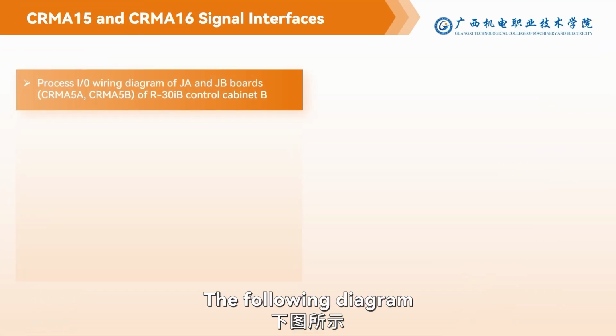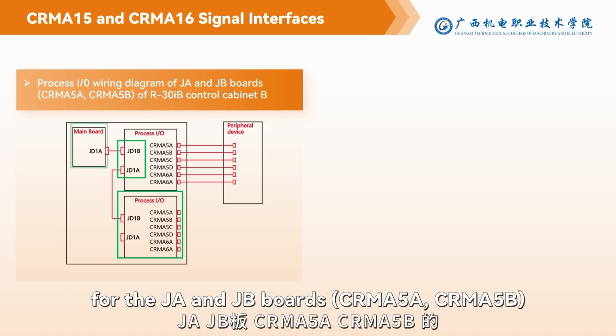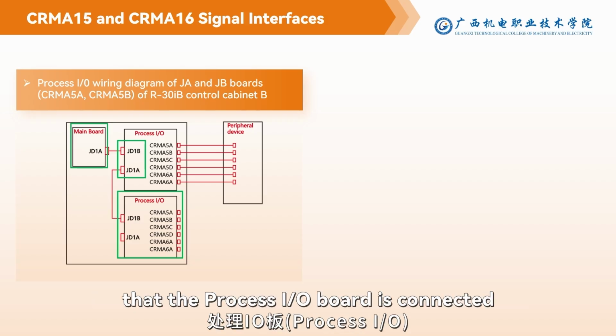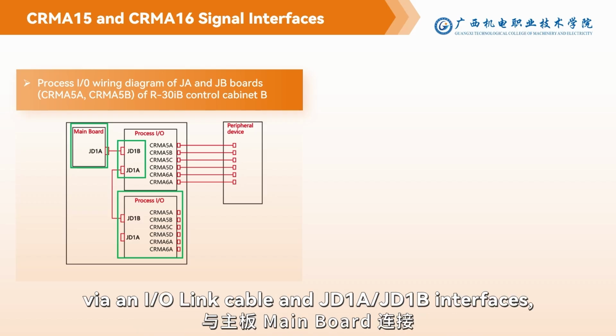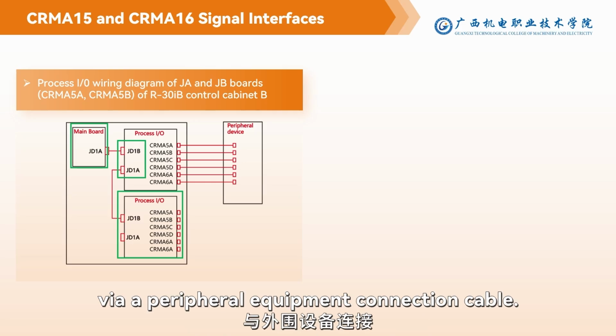The following diagram shows the process I/O wiring schematic for the GA and GB boards in the B cabinet of the R30iB control cabinet. We can see that the process I/O board is connected to the main board via an I/O link cable and the GD1A, GD1B interfaces, and then connected to the peripheral devices via a peripheral equipment connection cable.